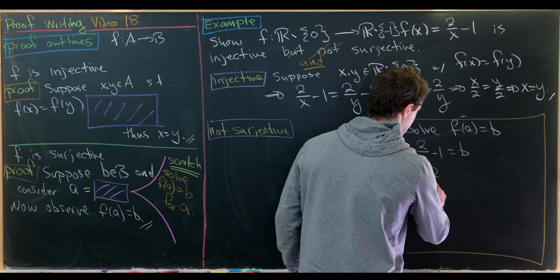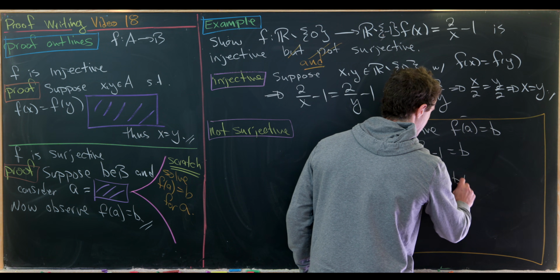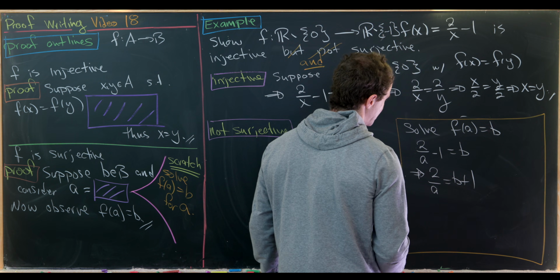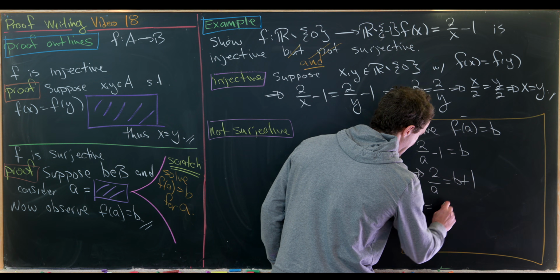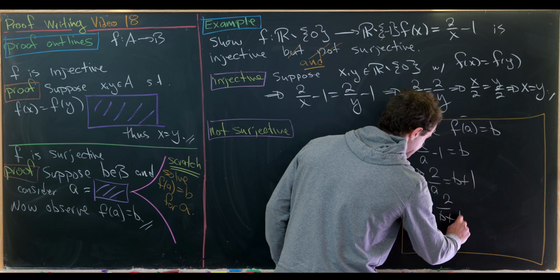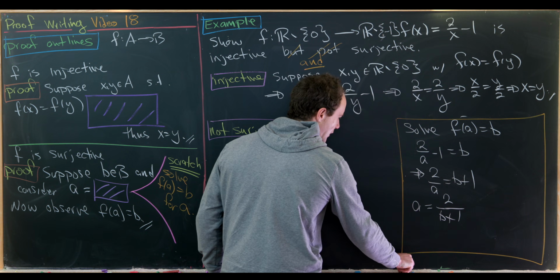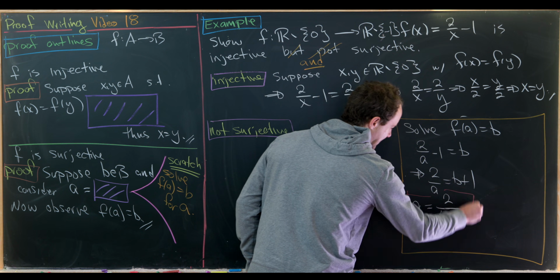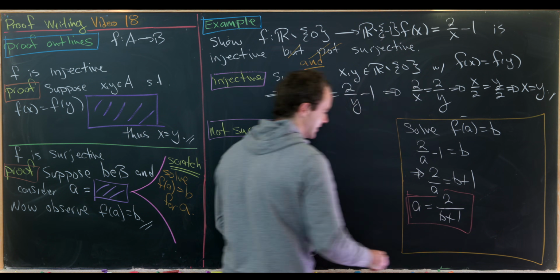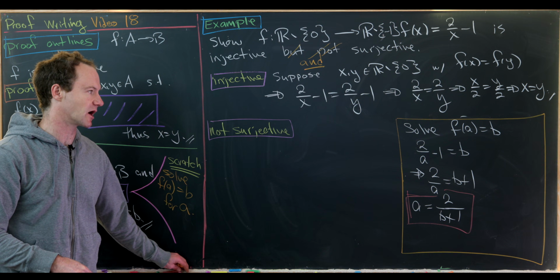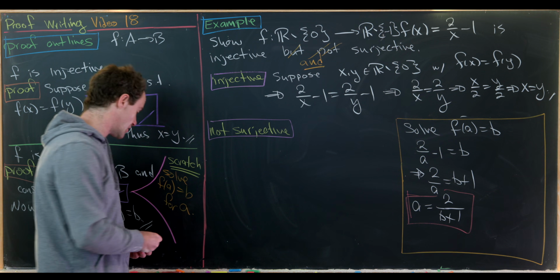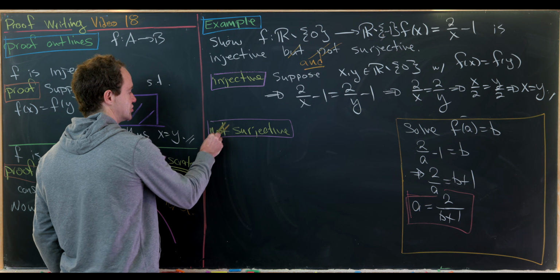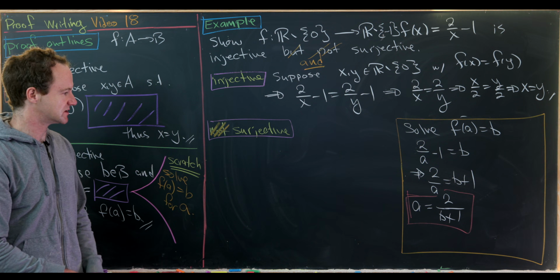That's the same thing as saying 2 over a equals b plus 1. But then that's the same thing as saying that a is 2 over b plus 1. Now we can see why b is not allowed to be -1. Otherwise, that gives us a 0 in the denominator of this expression. So that would be our a. Now we're ready to show that this is surjective under these new conditions.